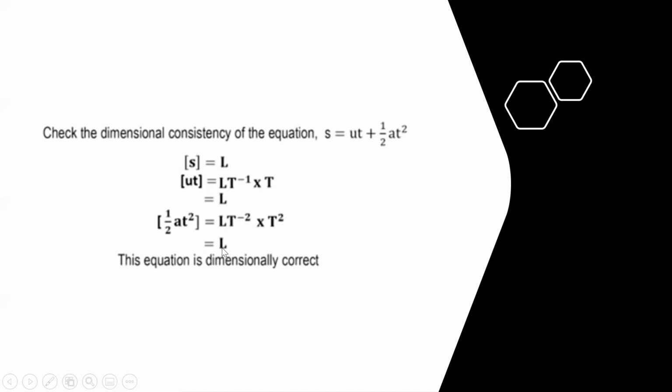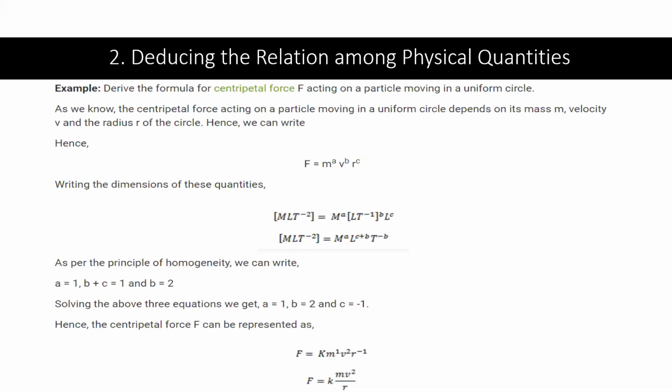So what remains is L. So here you have first term L, second term L, third term L. So all 3 terms have the same dimension L. So this equation is dimensionally correct. So this is how we can check whether an equation is dimensionally consistent. So this can be another 2-mark question.